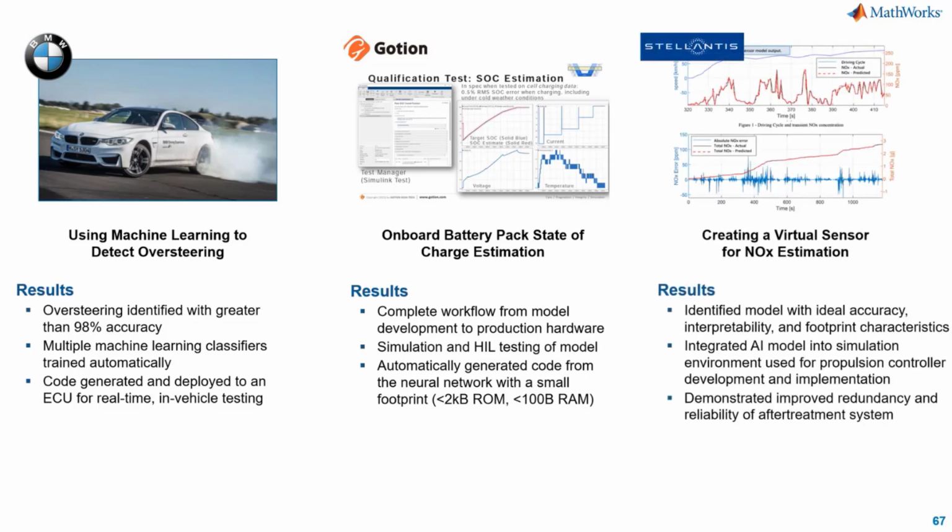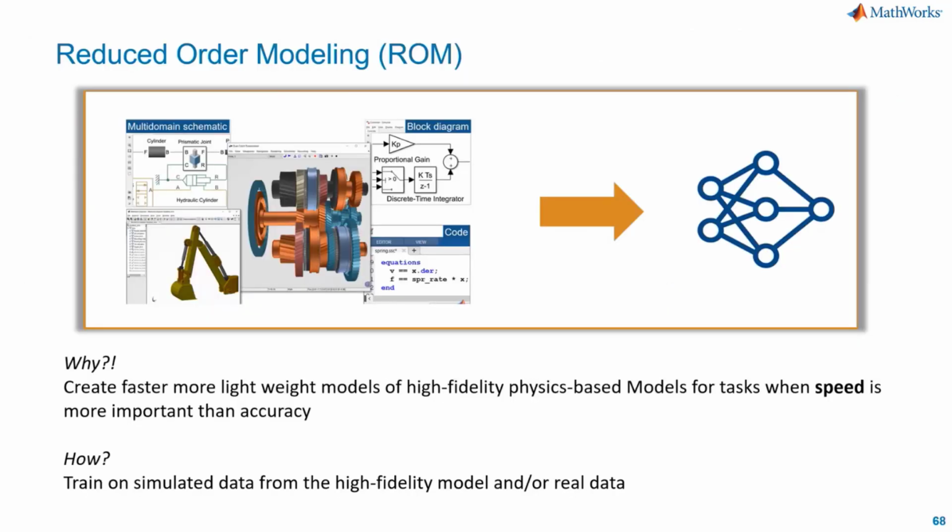We also have quite a lot of customers who use AI for creating virtual sensor models, because sensor models are usually very complicated to model, especially with high-order or nonlinear effects. So it will be very complicated to validate the model.